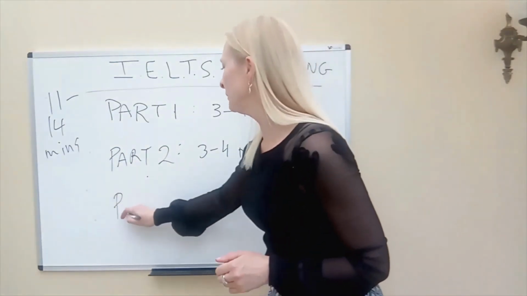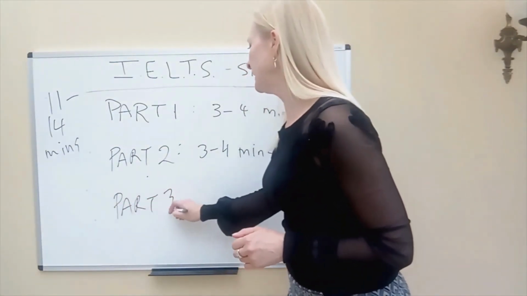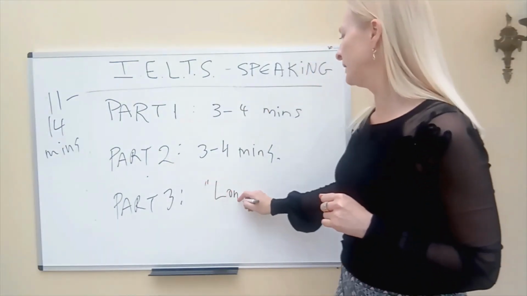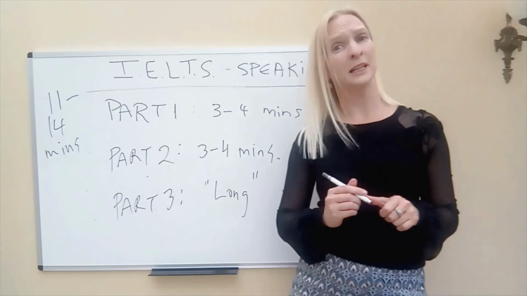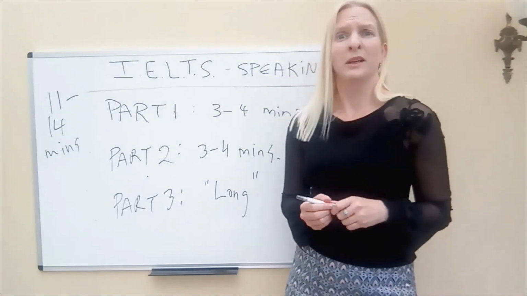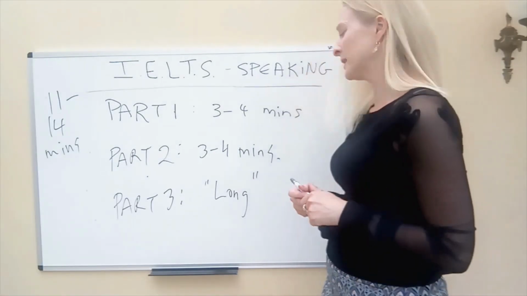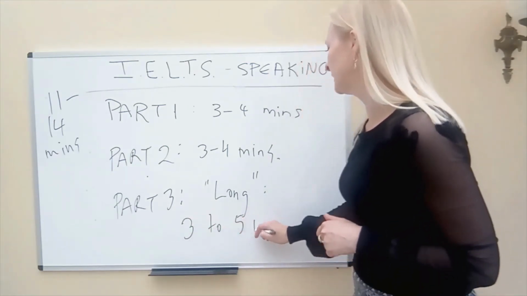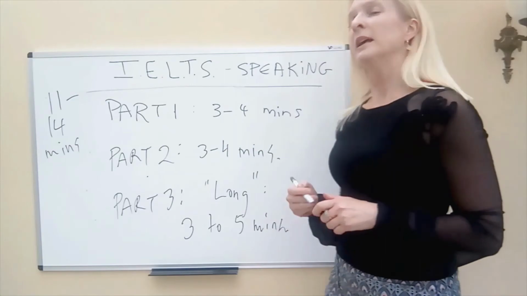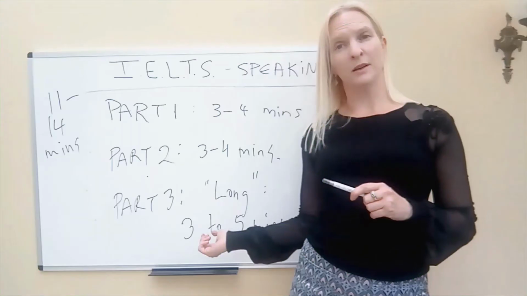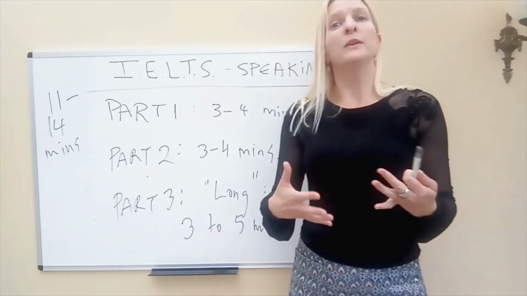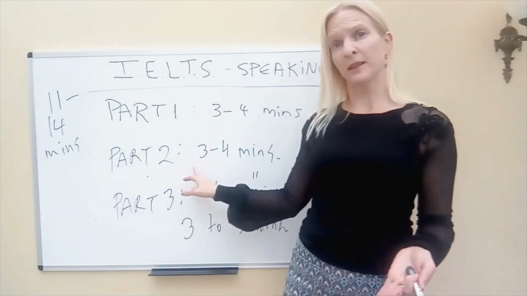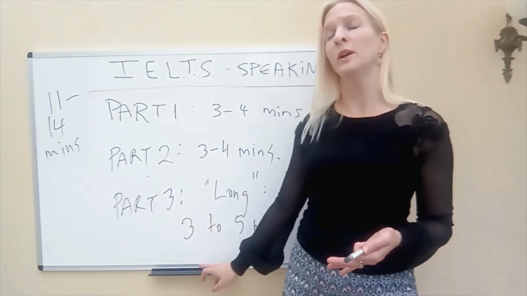And then finally we have part 3, which is also called the long discussion of the exam, but it's actually not that long. It could be only 3 minutes, 3 to 5 minutes, something like that. So 3 to 5 minutes. And normally in this part of the exam, you elaborate further on part 2, on the topic that was presented in part 2.